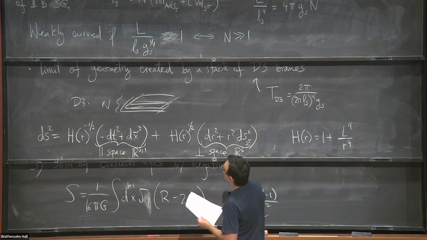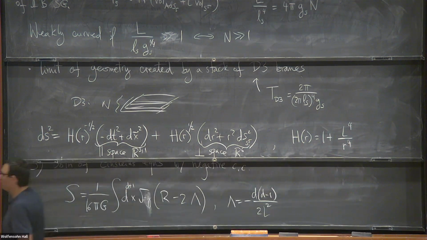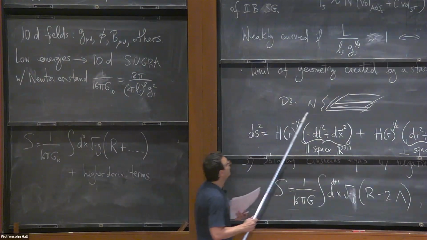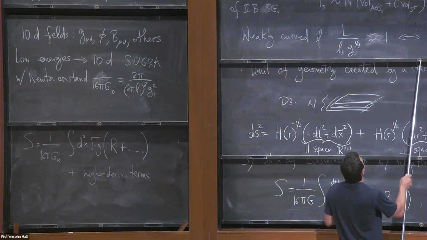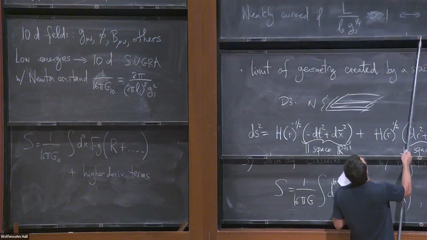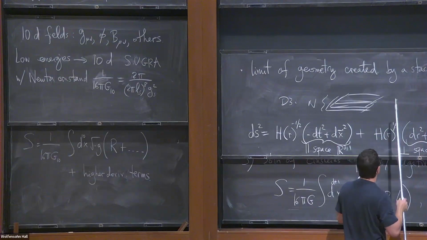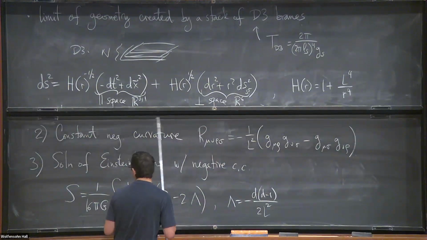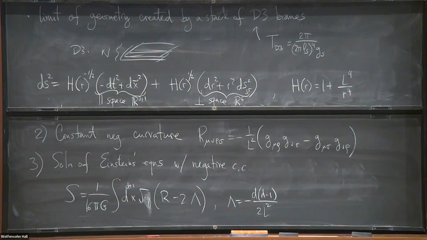This is also a solution to the equations of motion of the 10-dimensional action over here. And if we take a limit of this more general solution, we get AdS5 times S5. That's the relation between them.